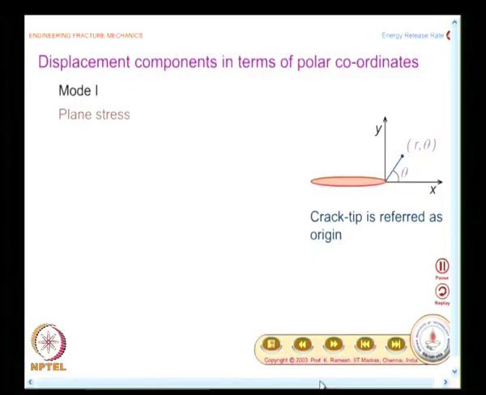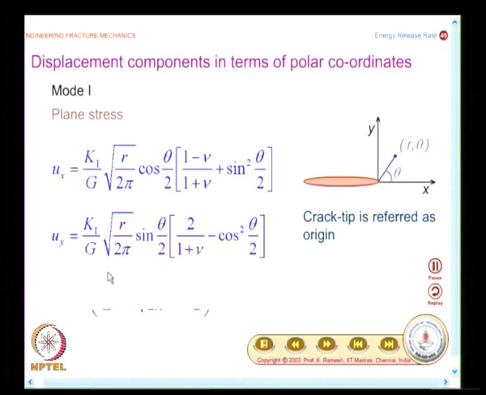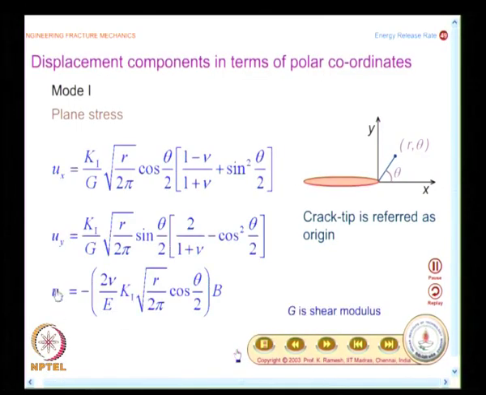Now, we will move to a generic problem, but before you go into that, we will also have a look at the displacement fields that we have got. What you will have to keep in mind is, we are concerned about the displacement in y, that is the v displacement or uy displacement.